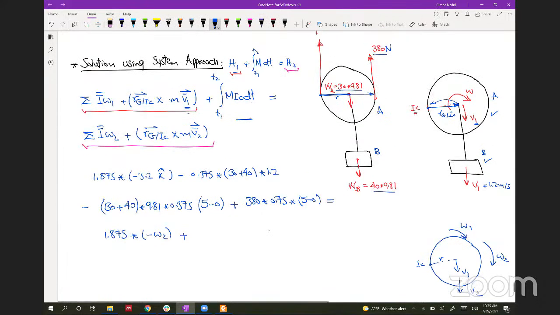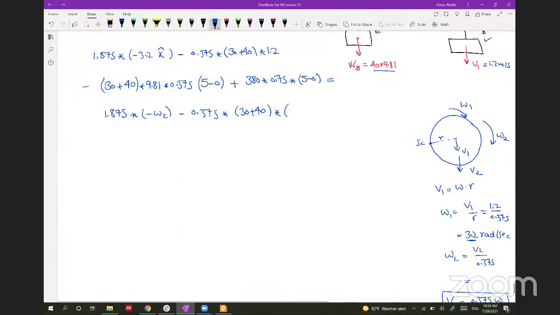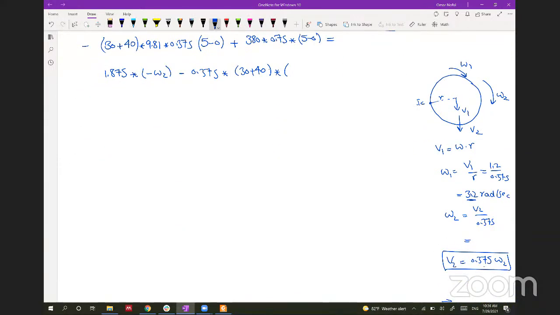So this will give us negative cross product because we are doing the same thing but with different quantities. So this will be negative, and R is 0.375 multiplied by the mass, so it will be (30 + 40) multiplied by V2, which we don't know, and we can substitute here with V2 equal to 0.375 omega 2.